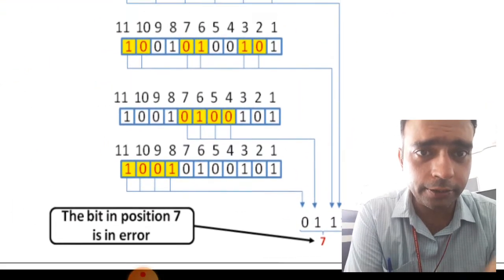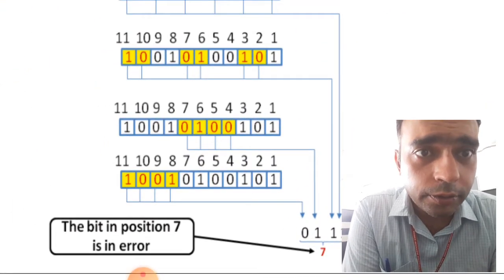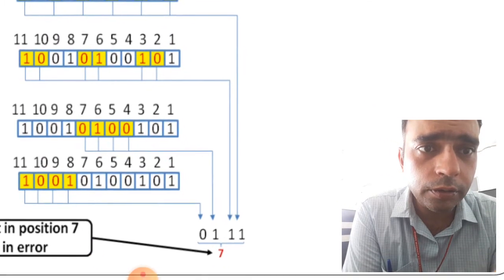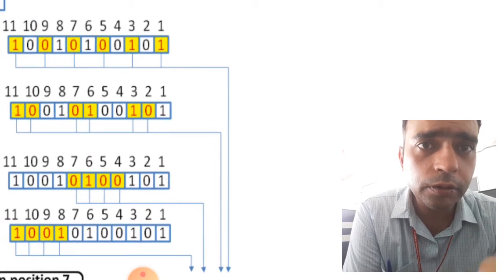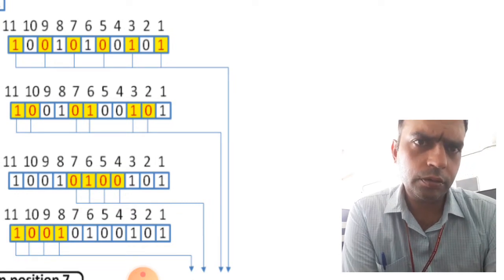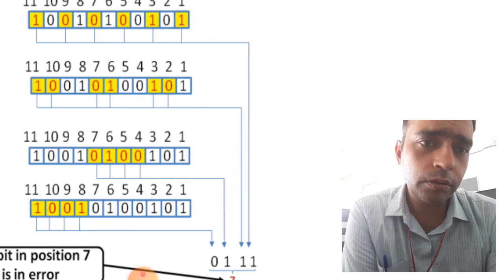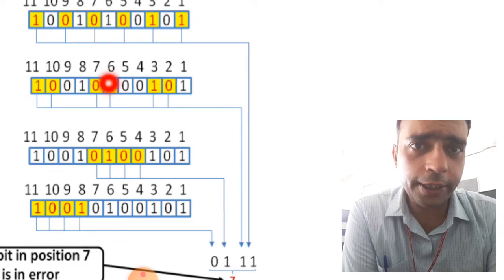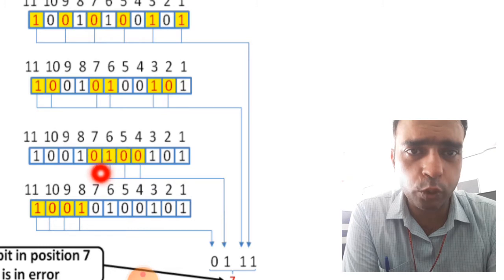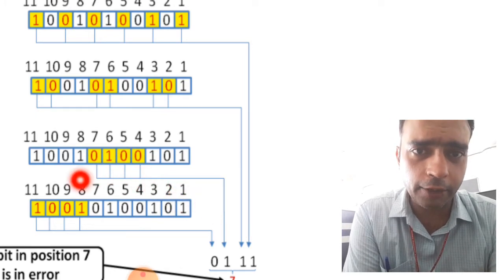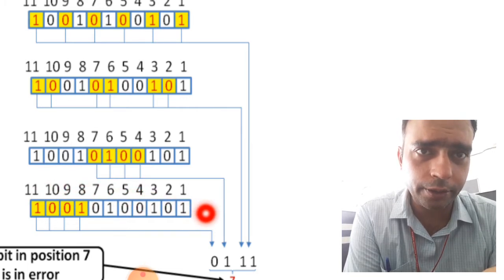Now after that, we are taking these 4 bits, so for that we are getting 1, and after that 1, 1, then we are taking 0 here.